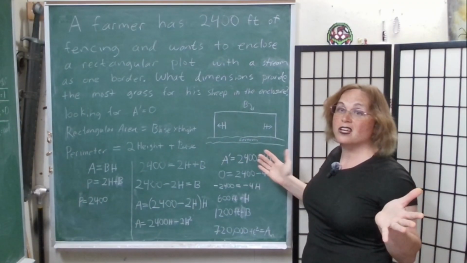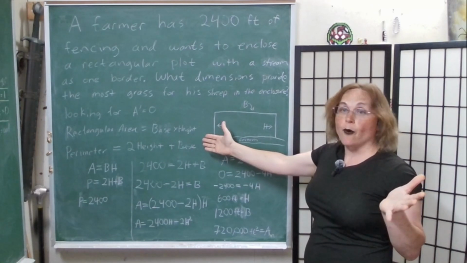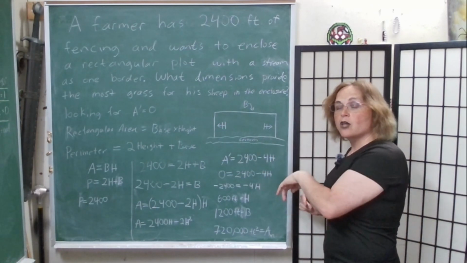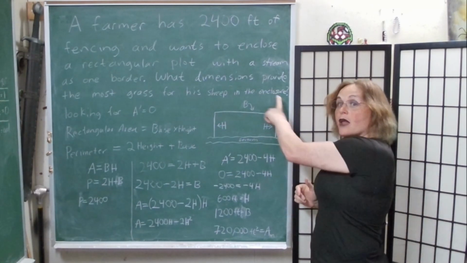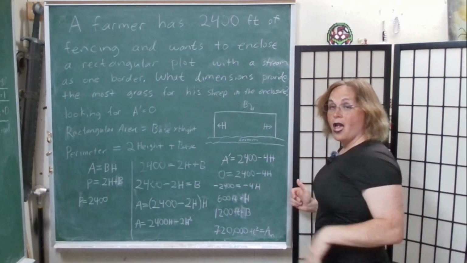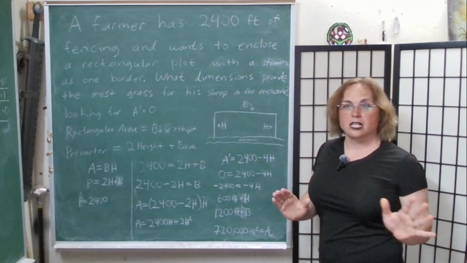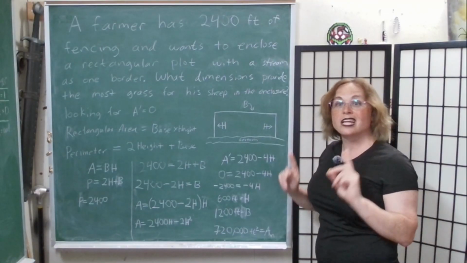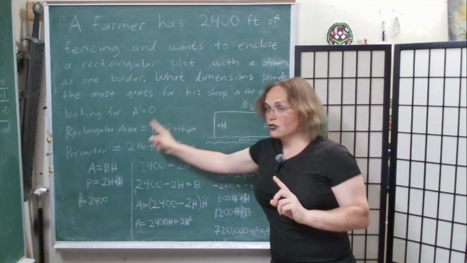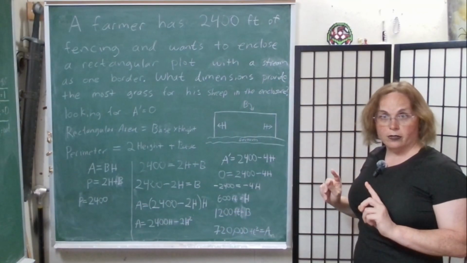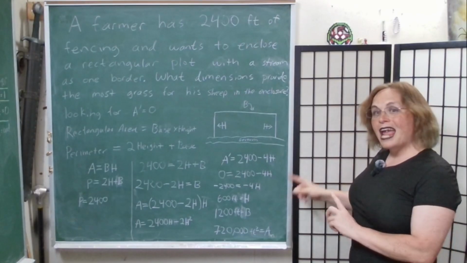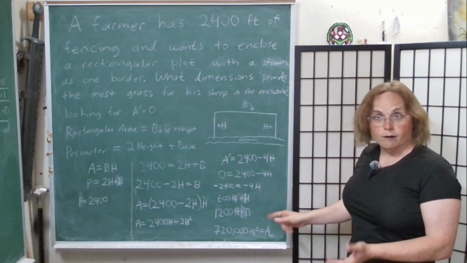Wouldn't have changed anything other than how we did our notation. So this is what I'm talking about. Draw your diagram and be clear on your notation. And if your letters are different than mine, that doesn't change anything as long as your notation is clear and matches throughout your work. Because in the end, the answer should be the same.